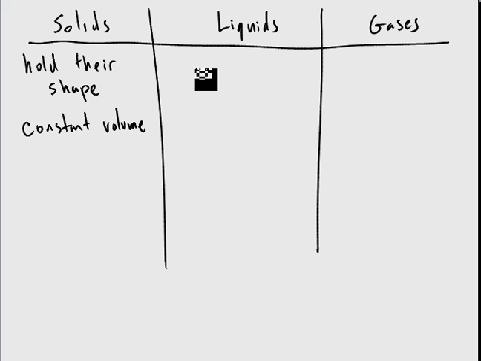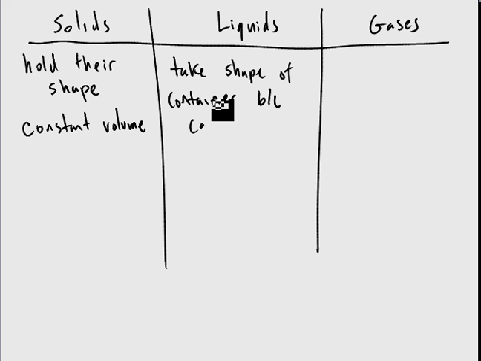And for liquids, you would say, well, they actually take the shape of their container, and that's because they can flow, which solids cannot. But they also have about a constant volume. Right? I can't compress it down any more than it already is.